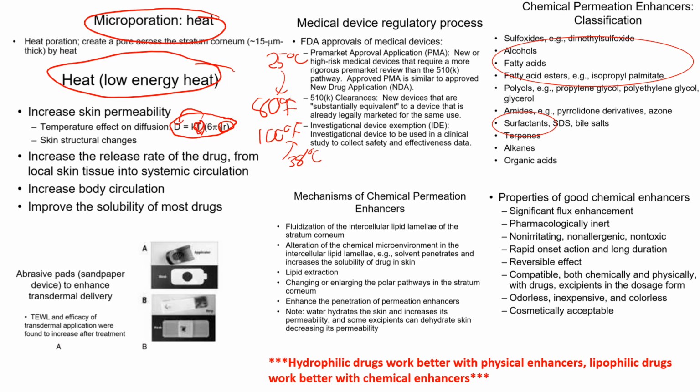What this does, more than the heat actually affecting the diffusion of the drug, is it does two things. It will increase circulation, right? When our body gets hot, our veins expand and swell to the surface of our skin to release that heat, which also increases blood flow to that area.